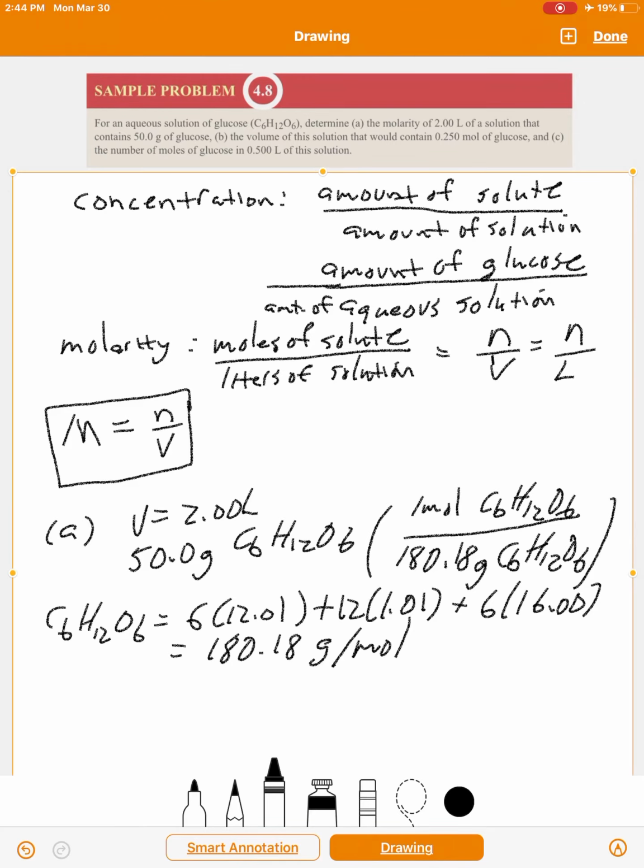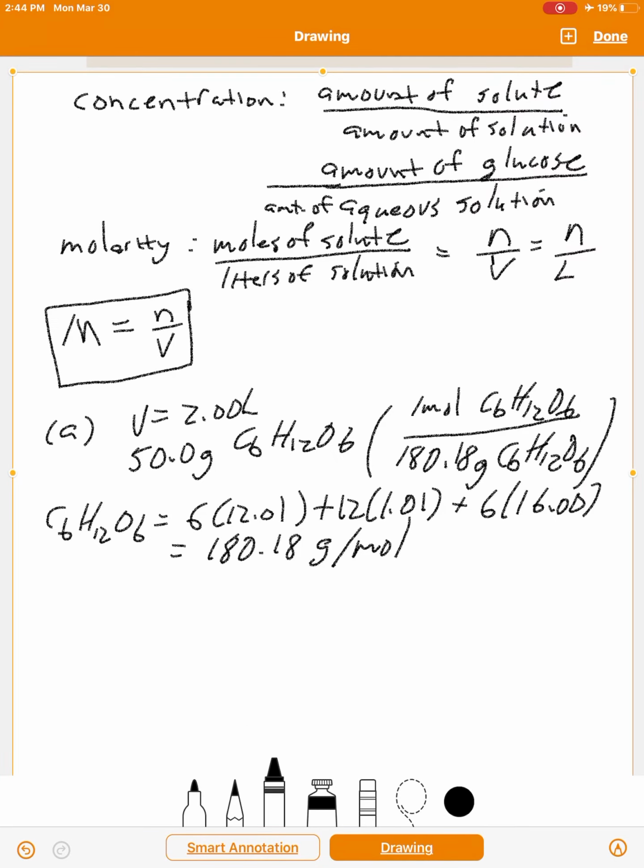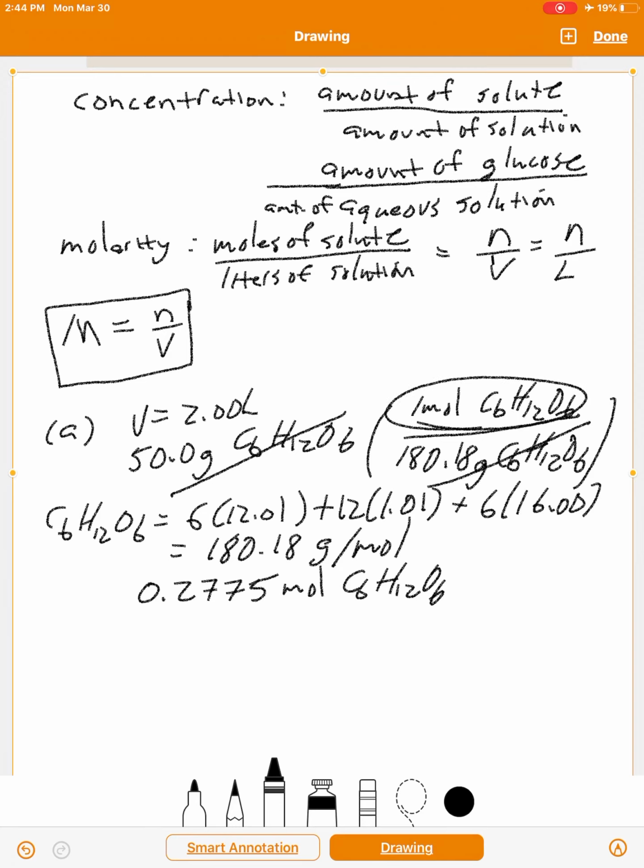So if we take the 50 grams and we divide it by the molar mass, 180.18, we get 0.2775. Remember the grams are going to cancel and you get moles.